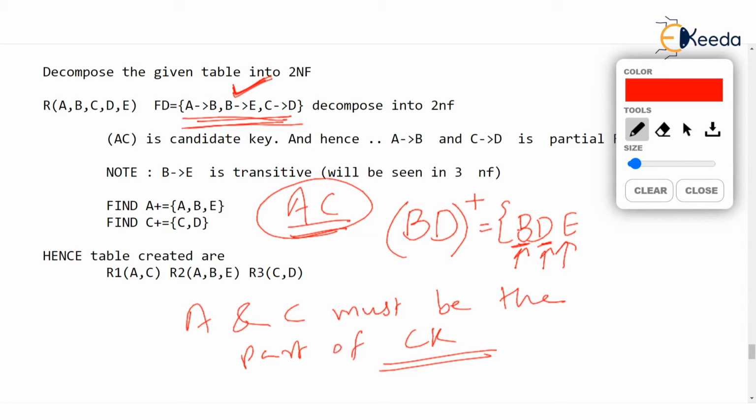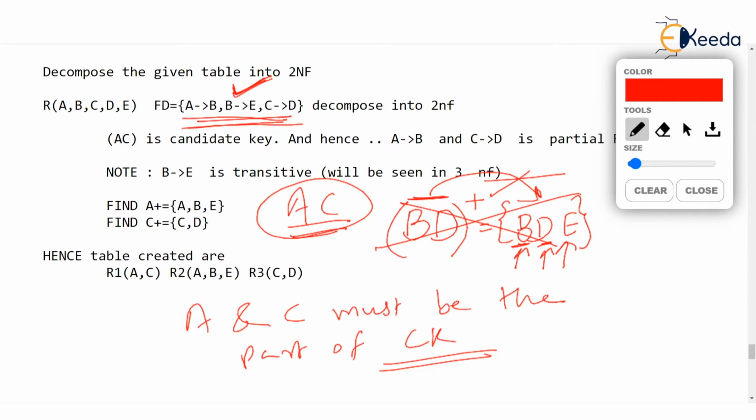That means BD together are not able to determine all the attributes. The point is that any candidate key, whatever it is, must contain A and C. So it's out of the question to check whether BD is the candidate key or DE is the candidate key. It's a waste of time, isn't it?